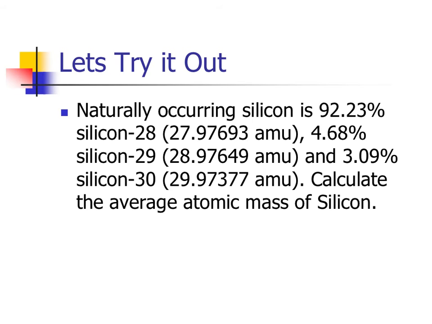So let's look at another example of this. Naturally occurring silicon is 92.23% silicon-28, which actually has an atomic mass of 27.97693, 4.68% silicon-29, and 3.09% silicon-30.